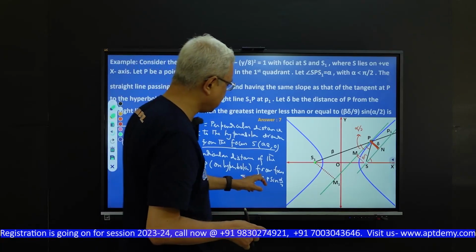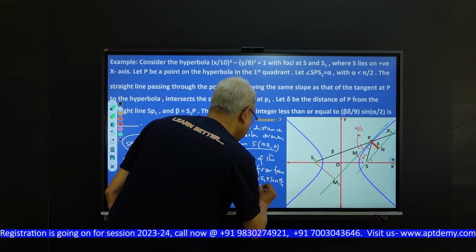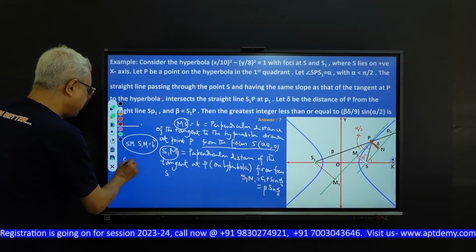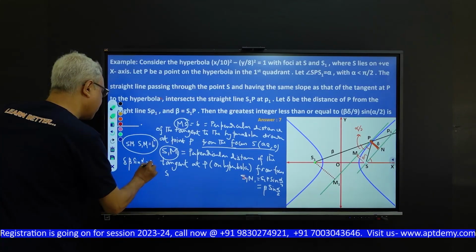So S1M1 is S1P sin alpha by 2. So S1P is given as beta. So it is beta sin alpha by 2. So delta into beta sin alpha by 2 is equal to B square.